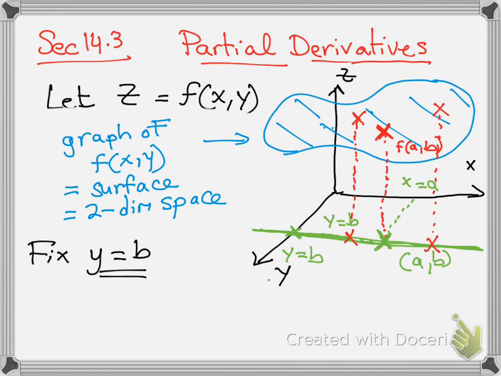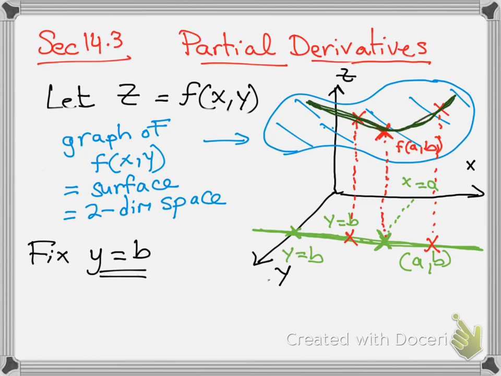To each point of the line y equal to b you associate its image, which is a point. And if you connect all these points, you get a curve.